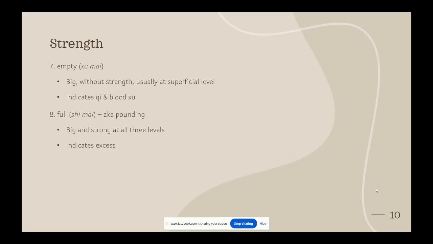And so this indicates qi deficiency. It may also indicate blood deficiency. And a full pulse, also known as pounding, is one that feels big and strong at all three levels. It's like pounding against your fingers, and this indicates excess of some kind. It depends on what the other signs and symptoms are.